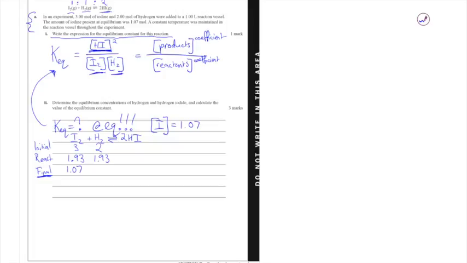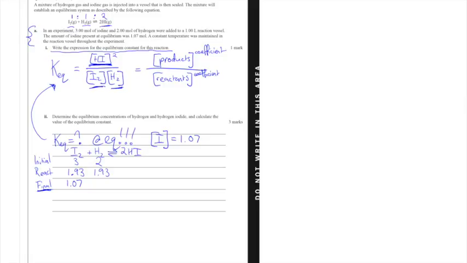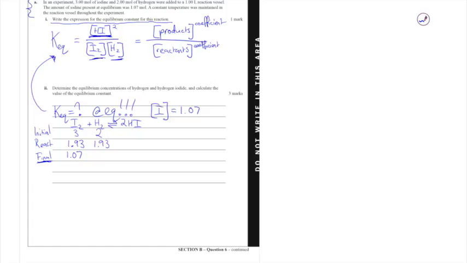That means because there was 1.93 moles of I2 reacting, and there's a 1-to-1 ratio, there's also 1.93 moles of H2 reacting. And now we wrote down that equation before, that initial equals react plus final. Again, if you plug in the numbers, you're going to find out that your equilibrium moles of H2 is 0.07.